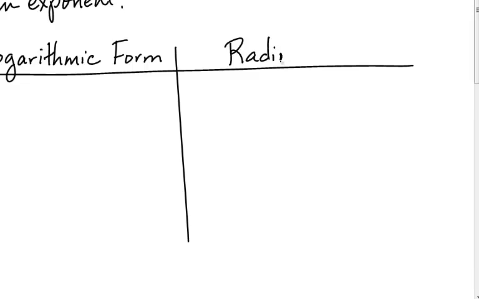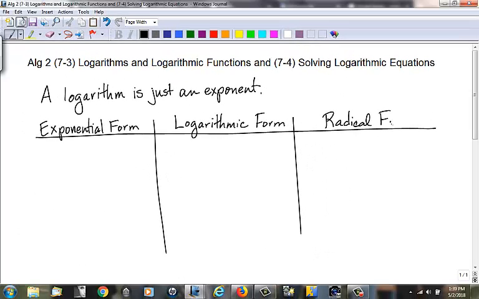We have already covered the radical form, so I'm basically going to leave that column blank. Radical form is like if I said square root of x, that's the same as x to the 1/2 power. If I said x to the 2/3 power is the cube root of x squared, but we've already covered that. So we're going to concentrate on exponential form and logarithmic form.